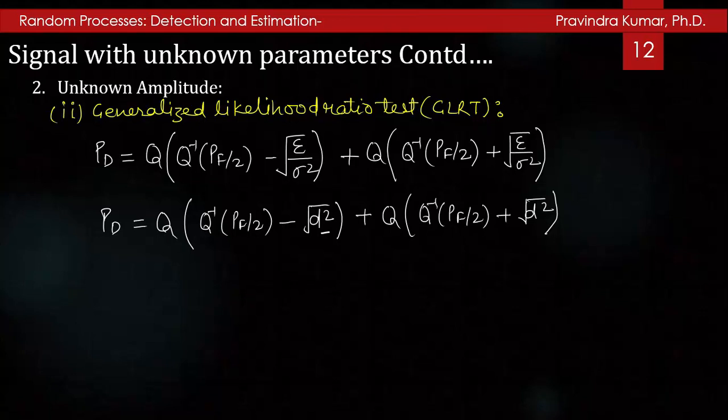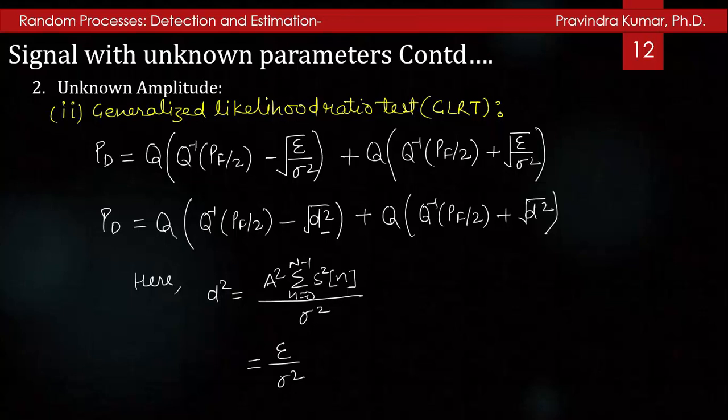So the probability of detection is Q inverse of PF by 2 minus under root d², plus Q inverse of PF by 2 plus d². d² is the deflection coefficient, where d² is A² summation s²[n] by σ², and it is epsilon by σ². Epsilon is the energy of the signal and σ² is the variance of the noise.